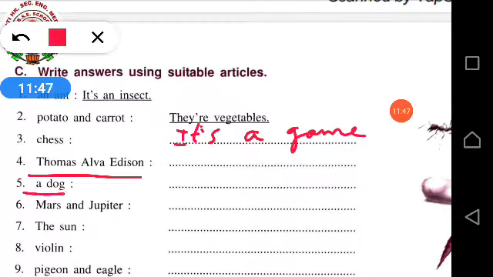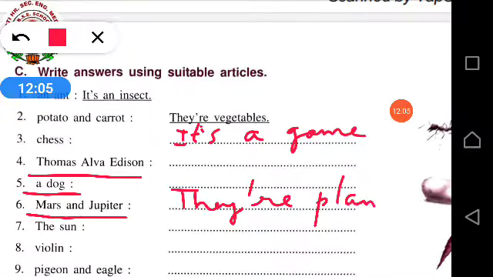In the same way, a dog. What is a dog? It's an animal. So you'll be writing 'it's an animal'. Mars and Jupiter. Again it is plural, so you'll be writing 'they are planets'. Then the sun. You have learnt in science, no? What is the sun?